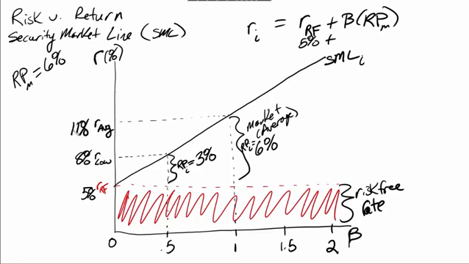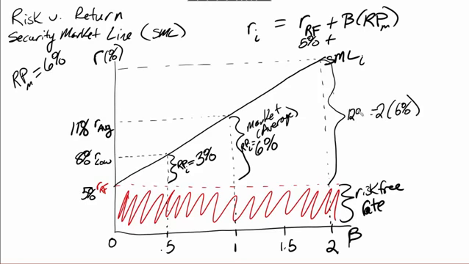Then we can trace this up and look at a high risk stock. Let's say we're looking at one with a beta of 2. What do we think this risk premium is going to be? It's going to be equal to our beta of 2 multiplied by our 6% risk premium, so that's going to be 12%.